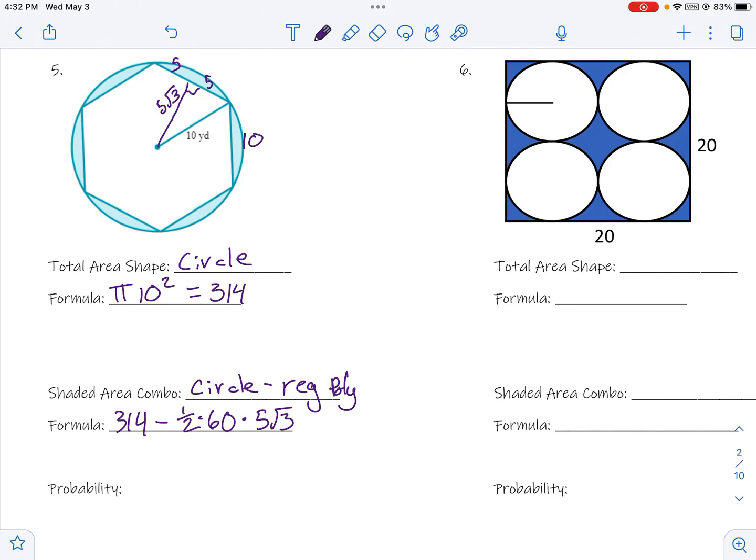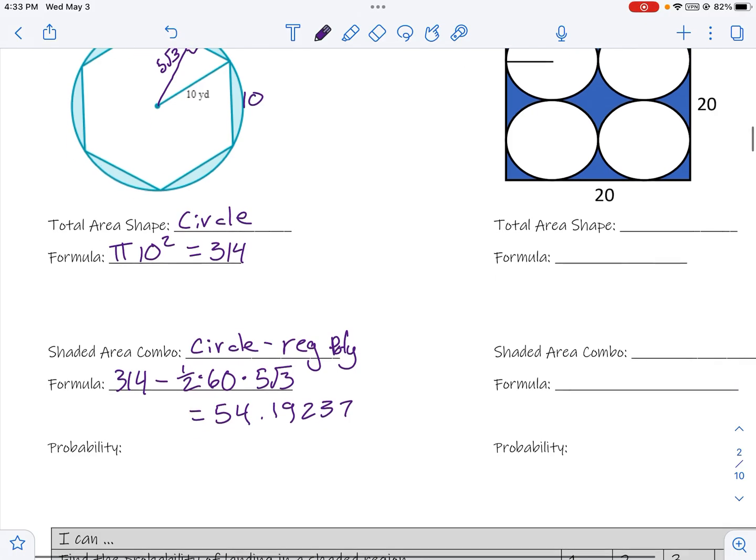So 314 minus 1/2 times 60 times 5 times the square root of 3. And I got 54.19237, something like that. It goes on forever. I didn't round yet because I don't want to round till my final answer.